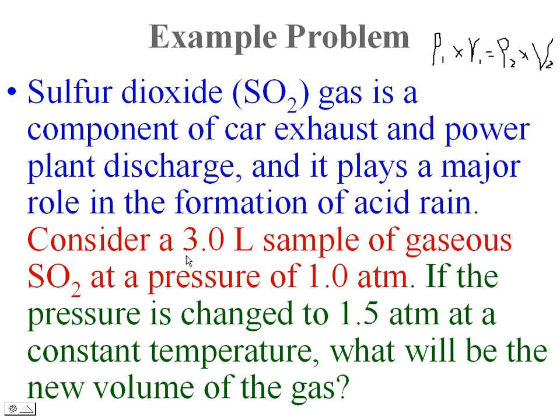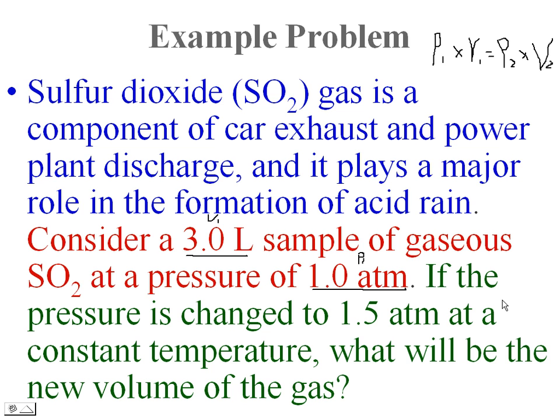So here we have 3.0 liters. This is a volume, the volume of the gas. This here is an atmosphere, so that has to do with pressure. So this would be V1, this would be P1.